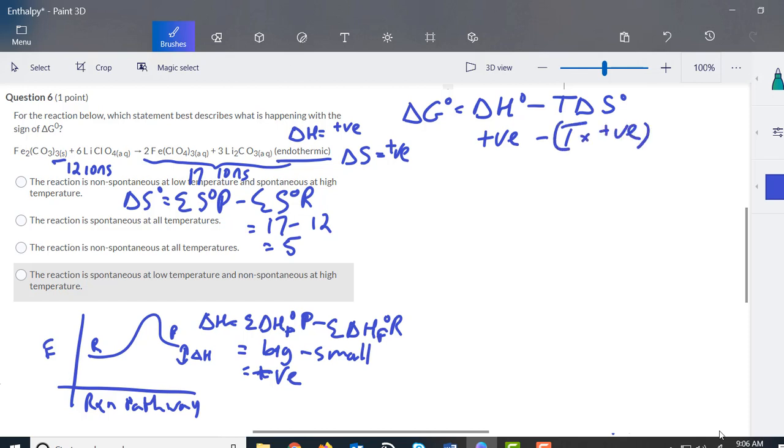Now T is always going to be positive as well because that's a Kelvin temperature. That's always going to be positive by definition. Now what I want you to see here is that they have the same sign. And what that means is that if we have a small temperature, delta G will be positive. And it will be negative at a high temperature.